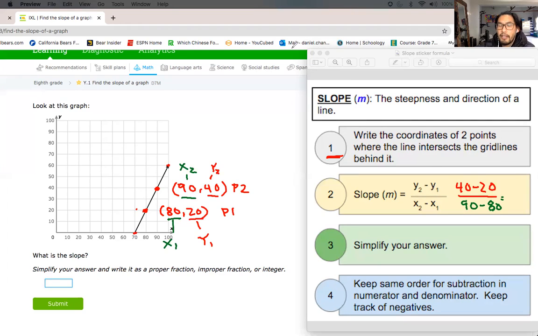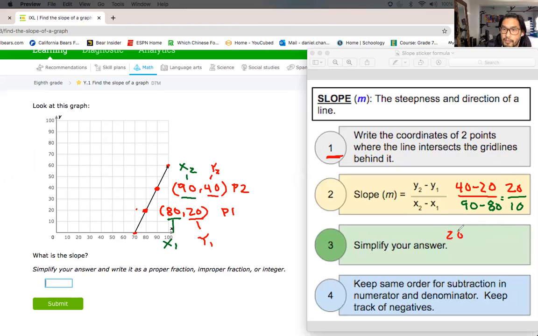Okay, so the math should be pretty quick here. 40 minus 20 is 20. 90 minus 80 is 10. There we go. That's my slope, 20 over 10. Now let's do step 3. Let's simplify this.